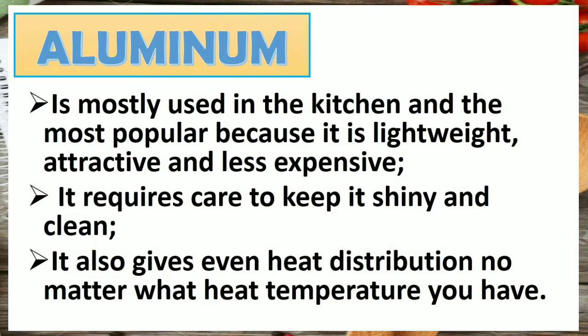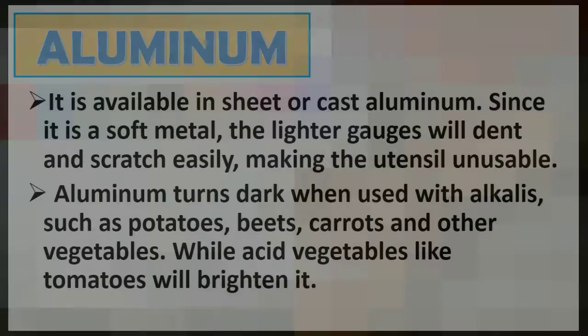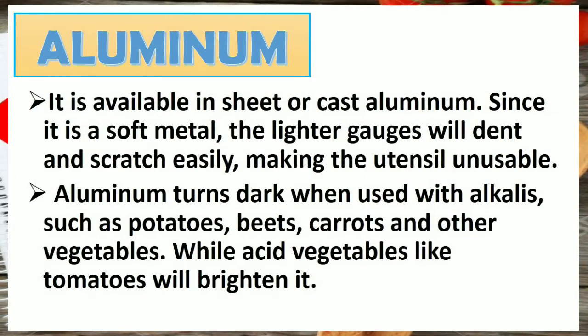So, aluminum ware is mostly used in the kitchen and most popular because it is lightweight, attractive, and less expensive. It requires care to keep it shiny and clean. And it also gives even heat distribution no matter what the heat temperature you have. And it is available in sheet or cast aluminum.